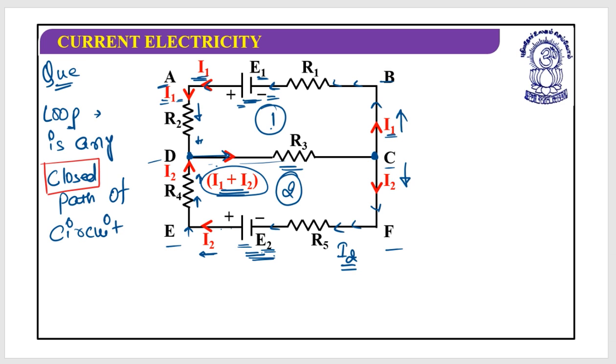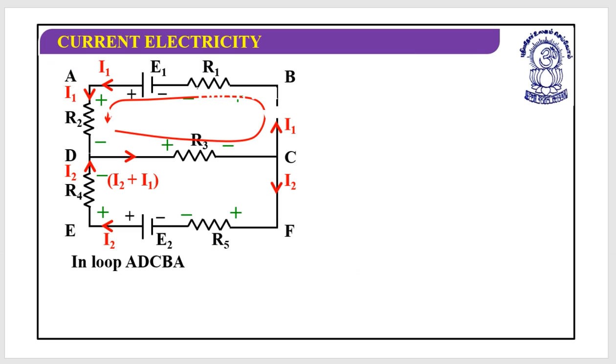Yes, so let's try to write down the relation according to KVL. Let's first take loop number 1. We are moving from A, D, C, B, A. Look at this, we started with A and we are ending with A, so it is a closed loop.